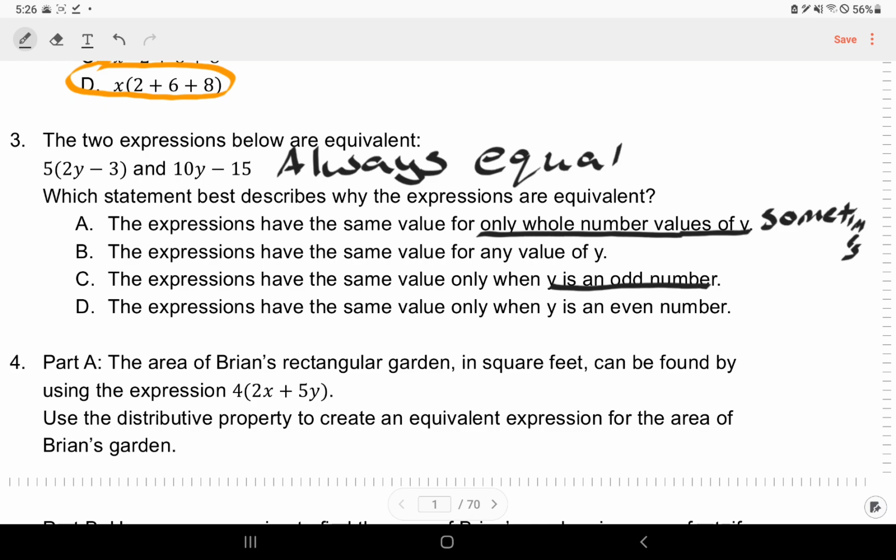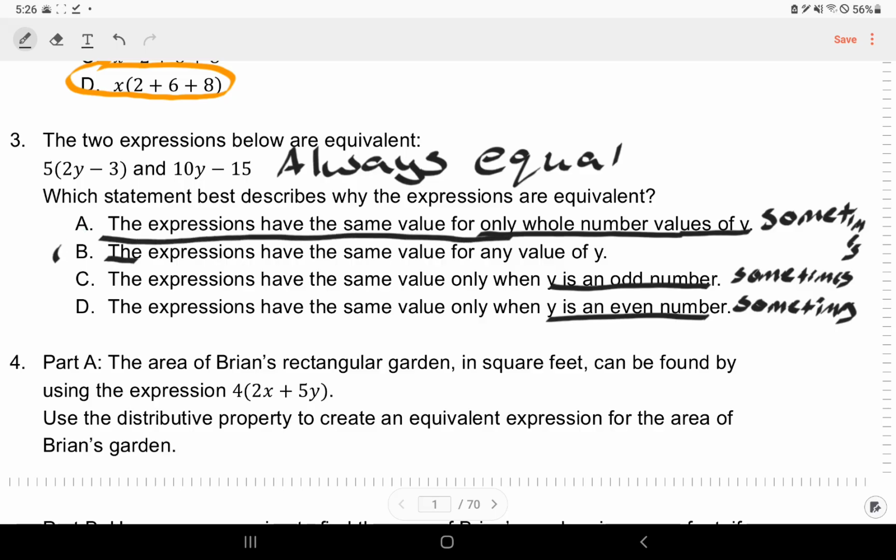Y is odd, that's sometimes. Y is even, that's sometimes. So it's B. Any value of y. It doesn't matter what y is, that will be true.